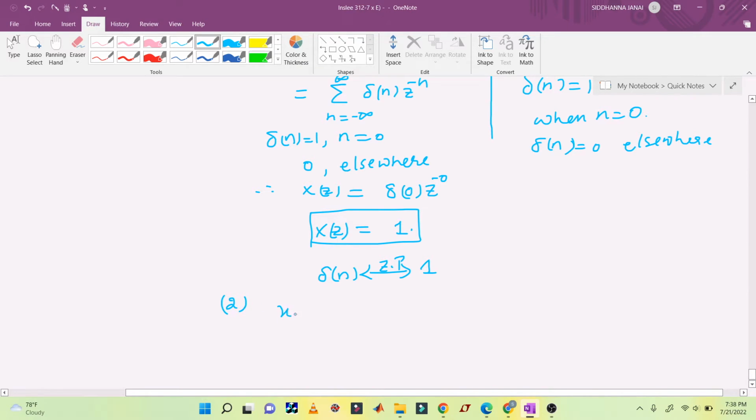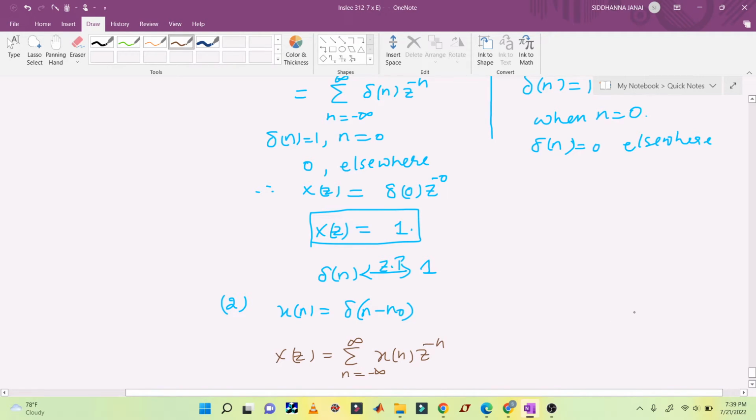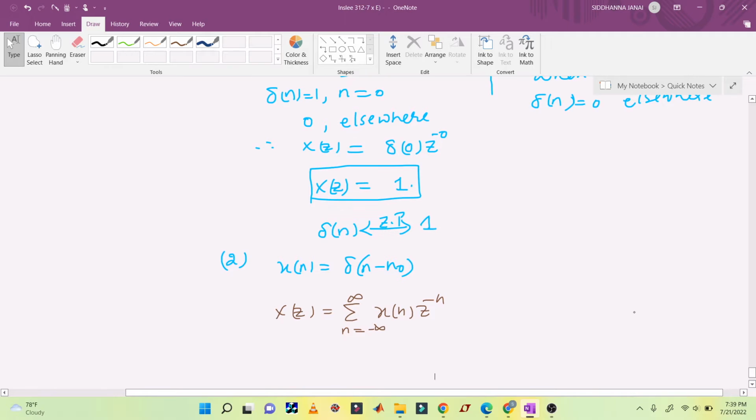Second one, x of n is equal to delta of n minus n naught. Now again x of z is equal to summation n is equal to minus infinity to plus infinity x of n z power minus n. This is our equation.